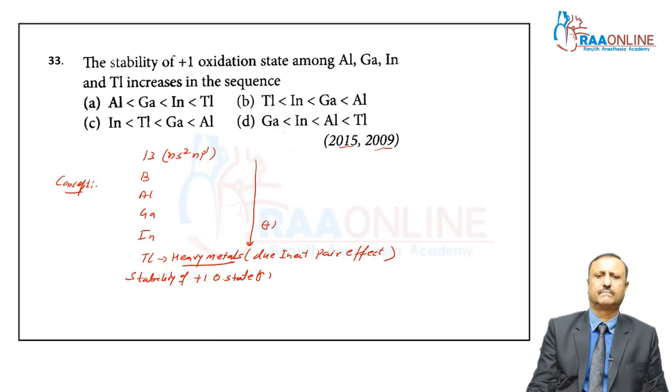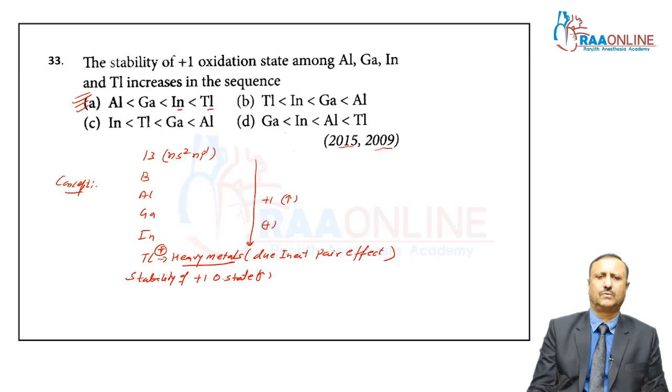So, you can see here stability increases, +1 is more stable than +3. So, for thallium the +1 oxidation state is most stable. You can see thallium, indium, gallium and aluminium, go to A, because +1 stability increases due to the inert pair effect.